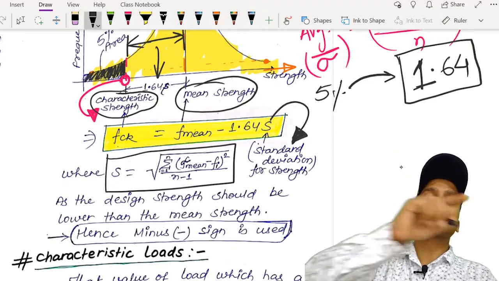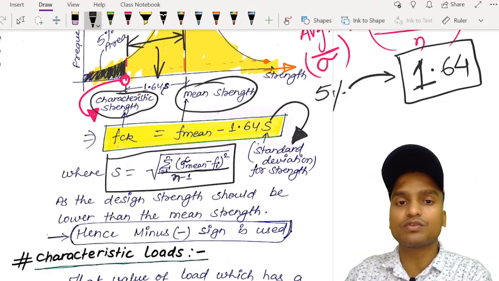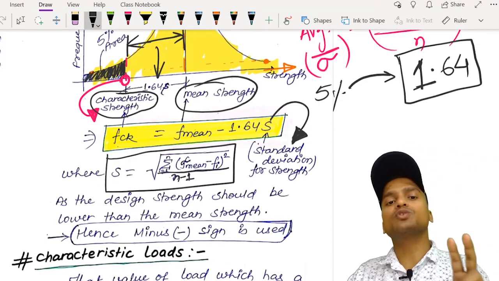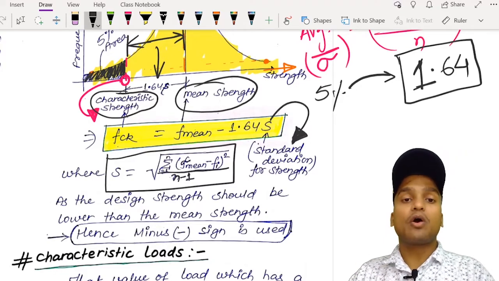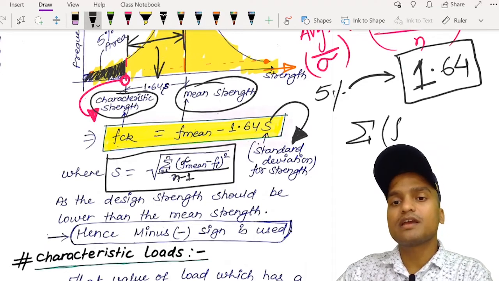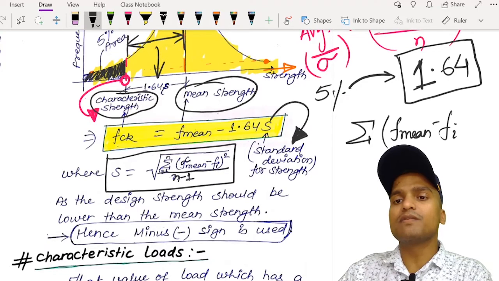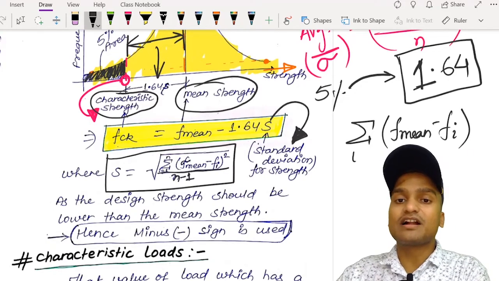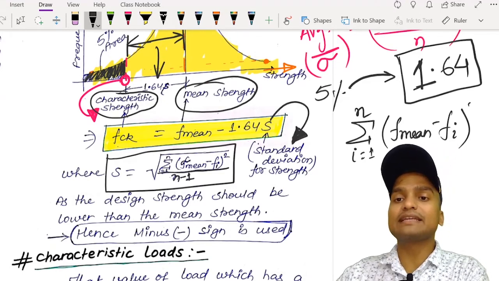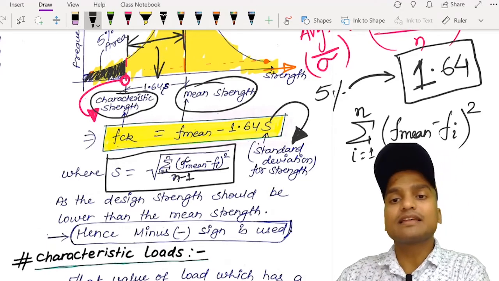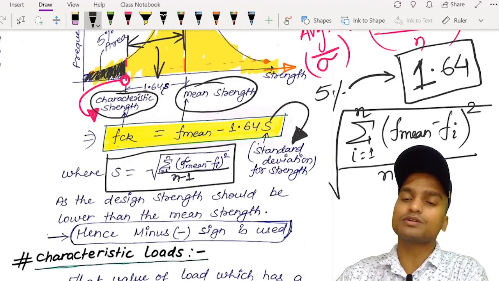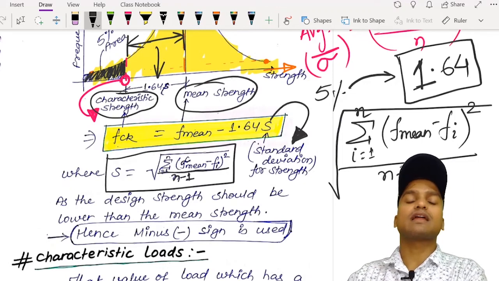S इज इक्वल टू कंप्लीट रूट अंडर, डिनॉमिनेटर में n-1 है, ध्यान दीजिएगा, n नहीं है। नंबर ऑफ सैंपल इफ इट इज 100 यू हैव टू डू n-1, दैट इज इक्वल टू 99। और न्यूमरेटर में समेशन है, समेशन का ये सिंबल है सिग्मा। किस किस चीज़ों का समेशन है? f मीन माइनस इंडिविजुअल वैल्यूज ऑफ ईच सैंपल, वेयर i स्टार्ट्स फ्रॉम द फर्स्ट सैंपल and it goes up to the n sample, and we have to go on adding the squares of the differences, and then we have to divide it by n-1, and we have to take the complete under root, and then we will get the value of standard deviation.